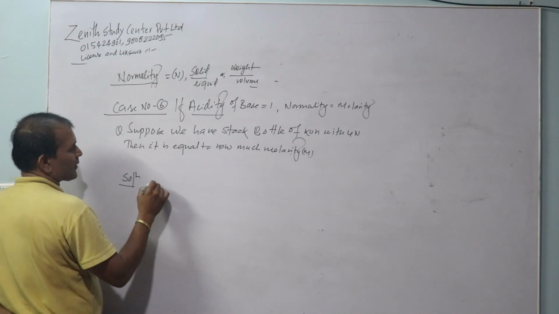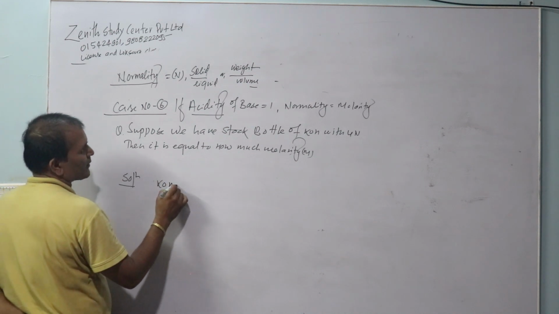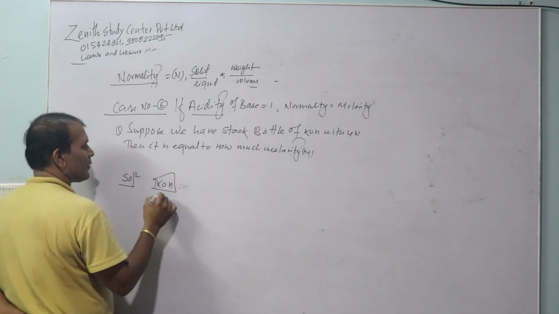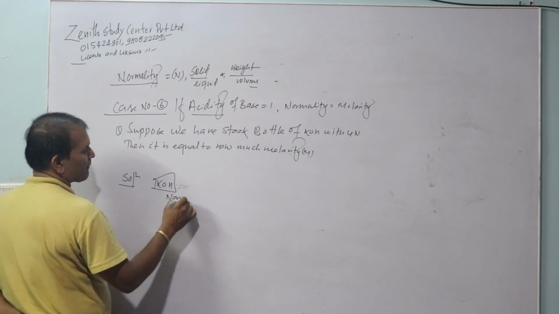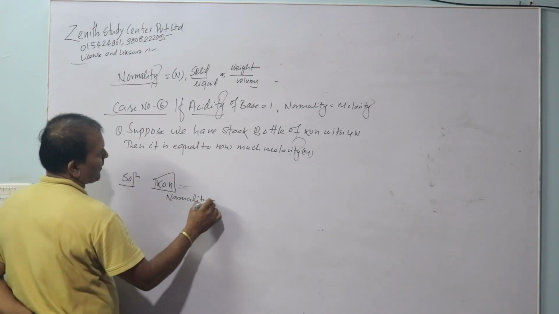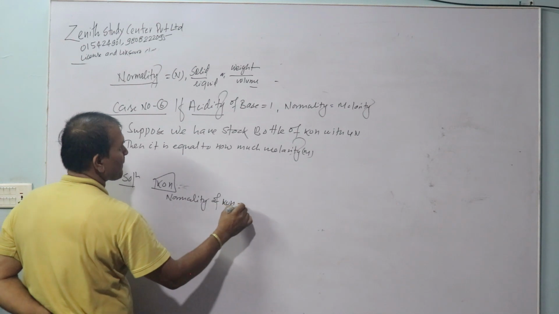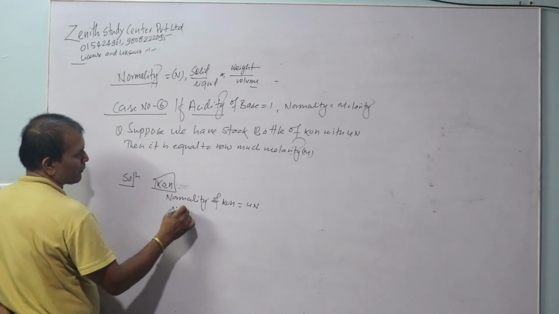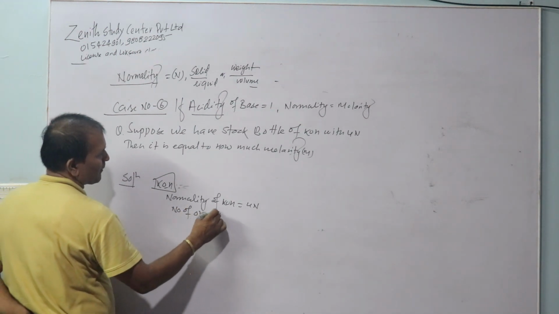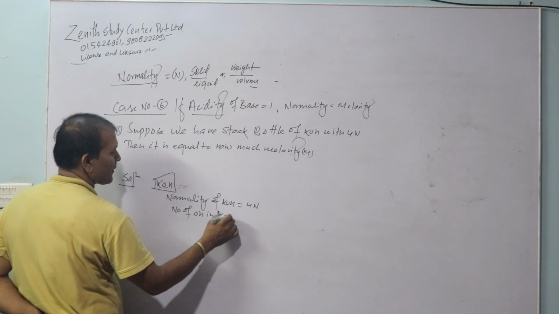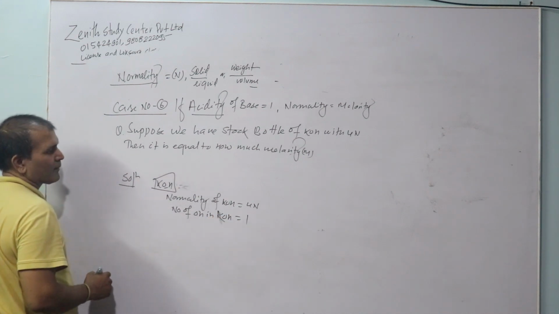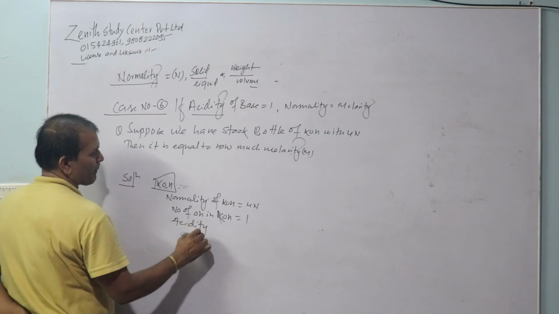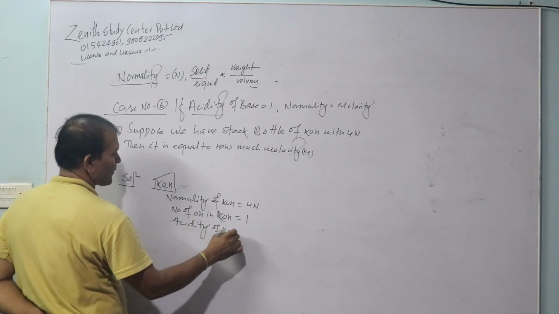Here we have potassium hydroxide, KOH, and normality is given, normality of KOH 4 normal, and the number of OH in potassium hydroxide is 1. So what is the acidity of KOH? 1.